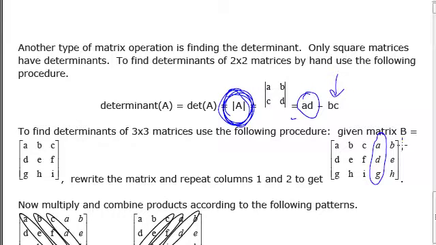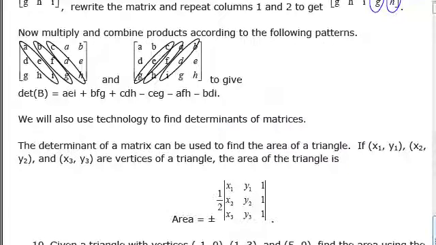And once you do that, you're going to be able to take your majors, 3 of them, and then your minors, 3 of them, add up all your majors, subtract all your minors. Once you do that, you'll get a specific value, the determinant of your matrix.